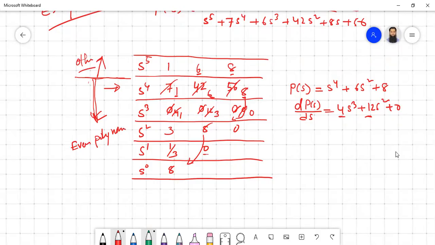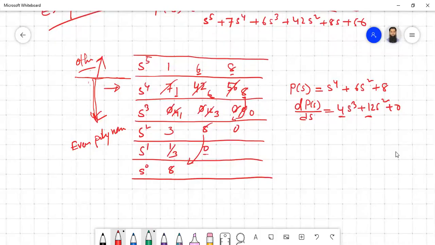Now the question is whether this system is stable or unstable. What is the meaning of the interpretation of the entire row 0? For that we have to know two things.